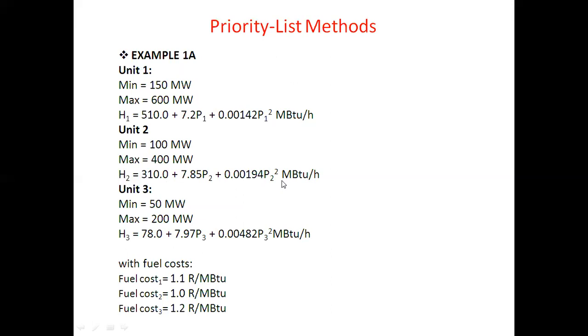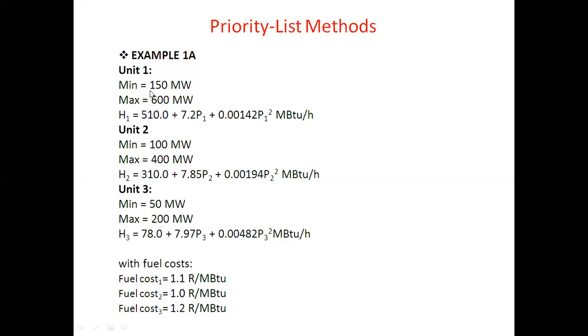For unit 3, the minimum demand is 50 megawatt and the maximum demand is 200 megawatt, and H3 is given by that equation. The fuel costs are generally given as 1.1 rupees per MBTU for unit 1, 1.0 rupees per MBTU for unit 2, and 1.2 rupees per MBTU for unit 3.